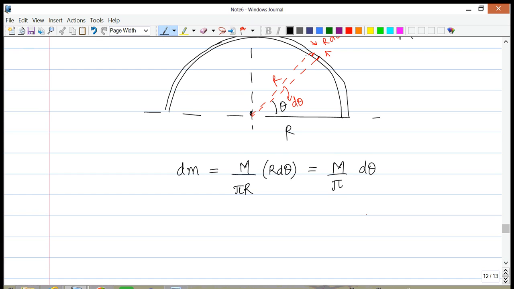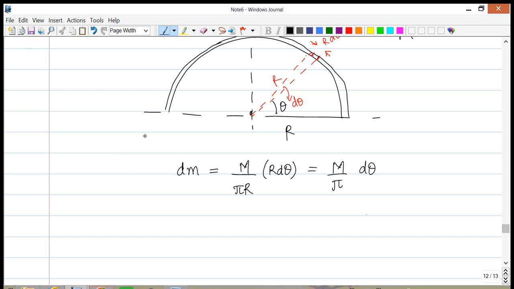We're going to measure angle theta with respect to the x-axis, like so. Now once we have this, we can figure out the x center of mass and the y center of mass. Although we know that the x center of mass is going to be 0, let's do the calculation so that you understand how to apply all this correctly.